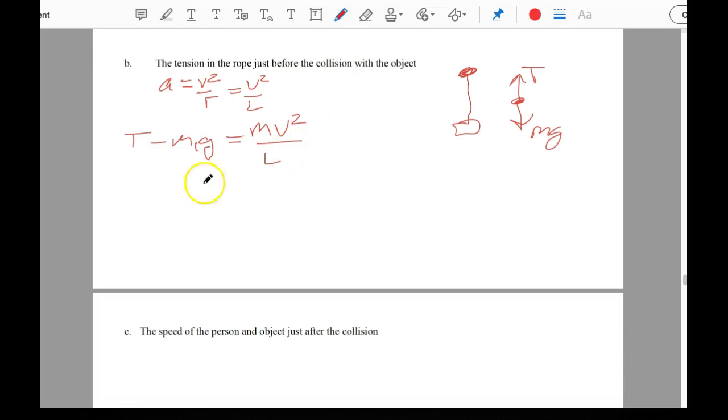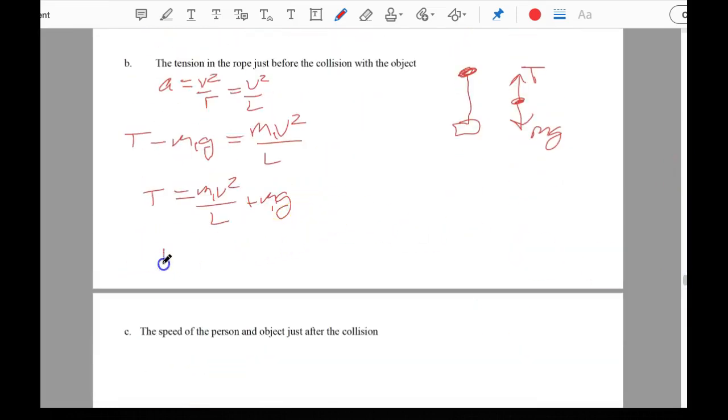Okay. So now we need to solve this for T, so this is going to be m v squared all over L plus mg. And both of these m's here are m1 because it is of the person. Next thing we need to do is substitute in for that speed that we had from up above. So remember, our speed here is the square root of 2gl.